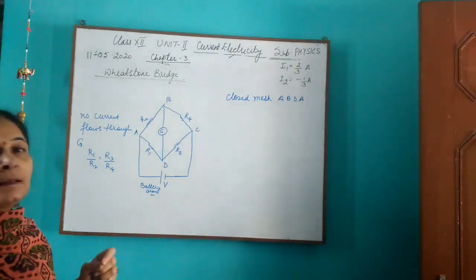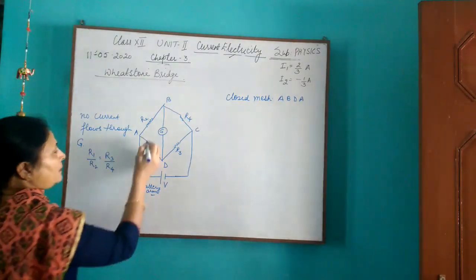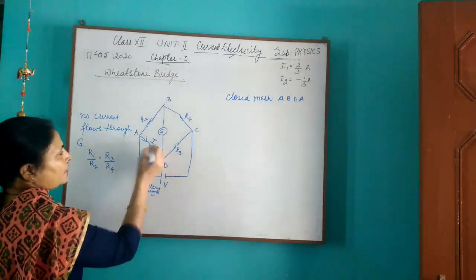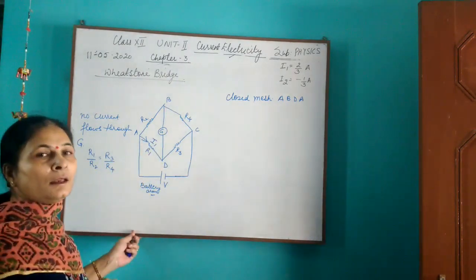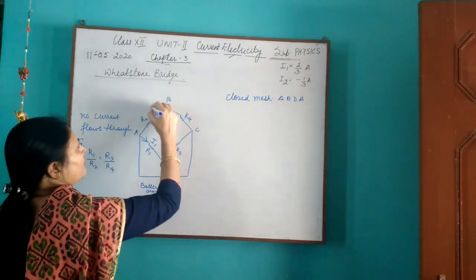So let us consider the currents in different branches. Let the current flowing through the arm R1 be I1, and through R2 be I2.